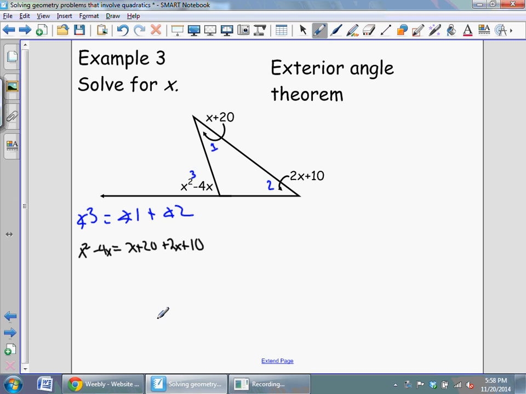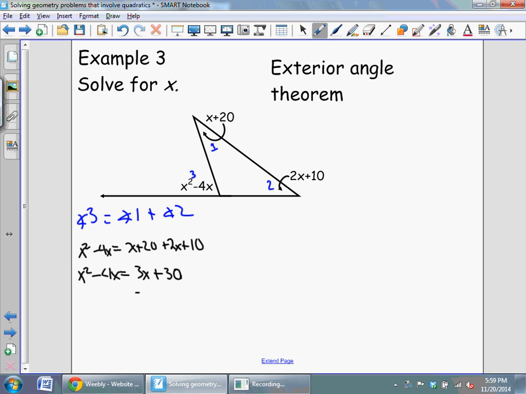So we've got to follow the steps of solving a quadratic. First, I'm going to combine the like terms on the right side of the equation. That's going to get us x squared minus 4x equals 3x plus 30. Now I'm going to set it equal to 0.